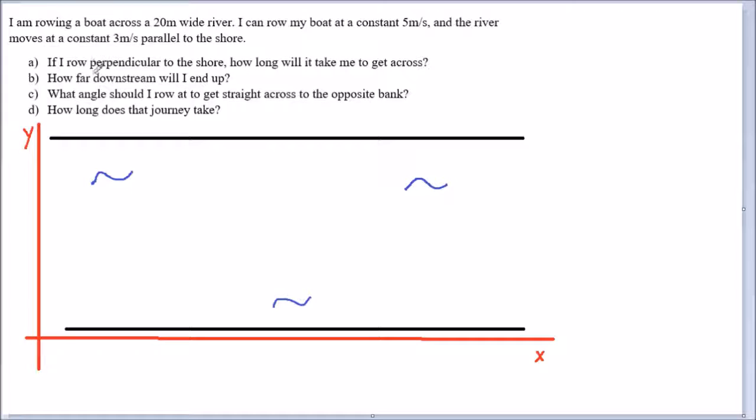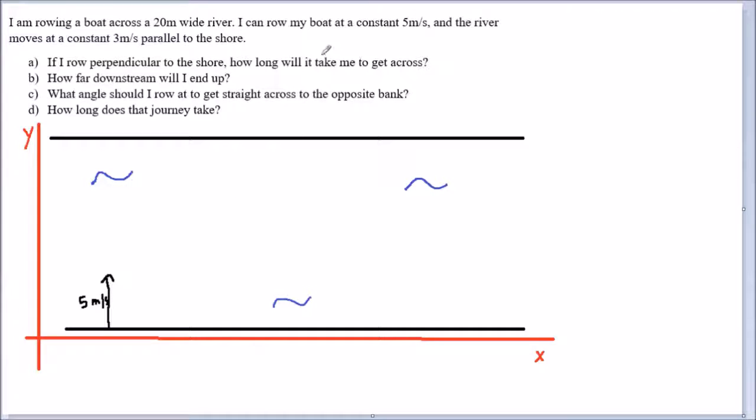So now we can look at this. If I row perpendicular to the shore, how long will it take me to get across? Well, we know that I can row at 5 meters per second, so I can draw my velocity vector, starting here, as an arrow pointing straight across the river, straight in the y direction, with a magnitude of 5 meters per second.